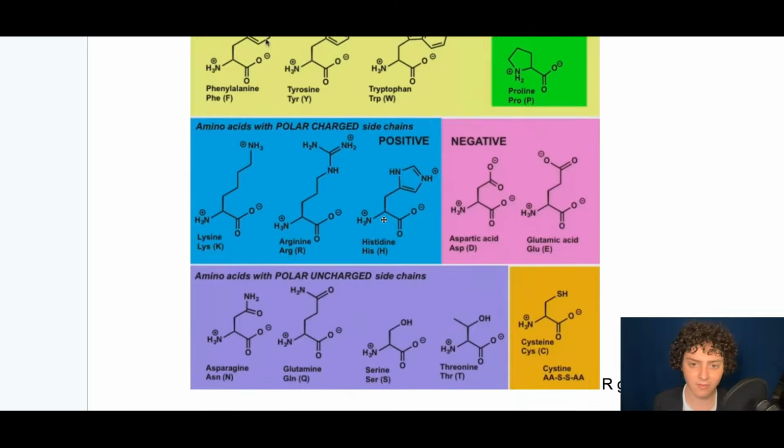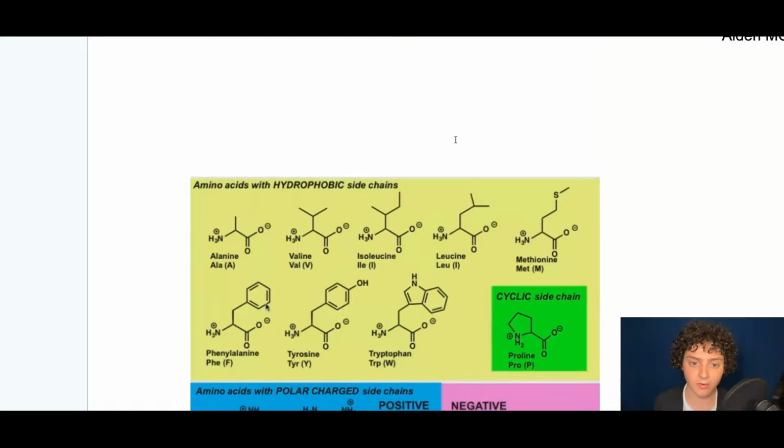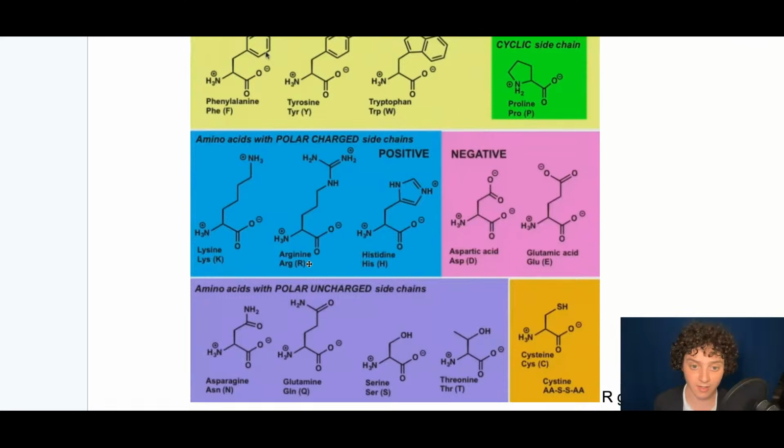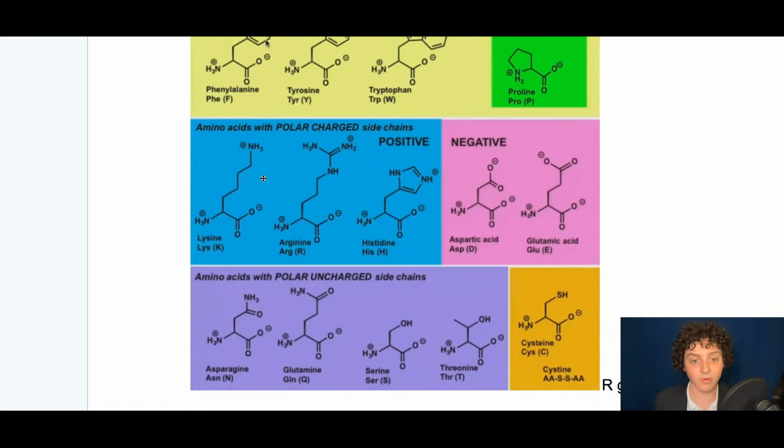Okay, so now the rest of these are no longer hydrophobic. These are hydrophilic. So what makes them hydrophilic? It's their polar nature, or the fact that they have some kind of polar chemical bond as part of their R group.